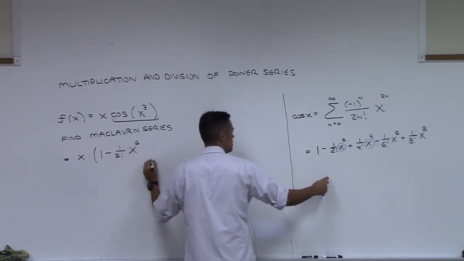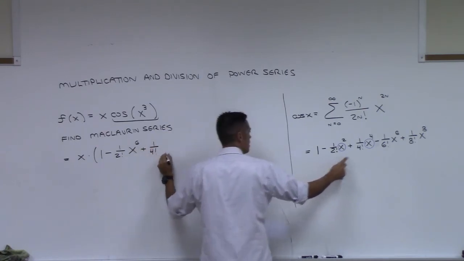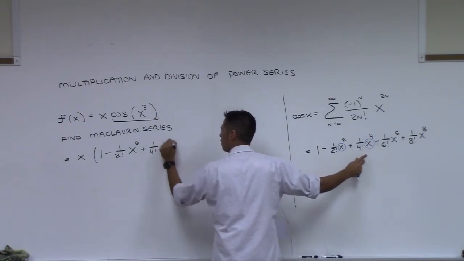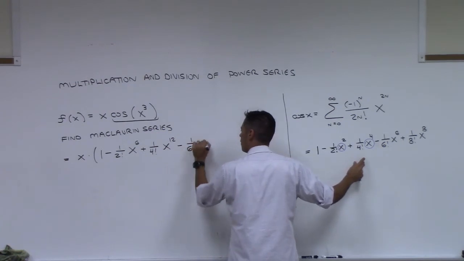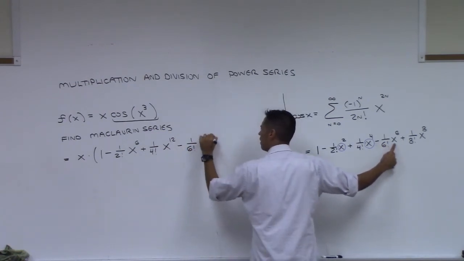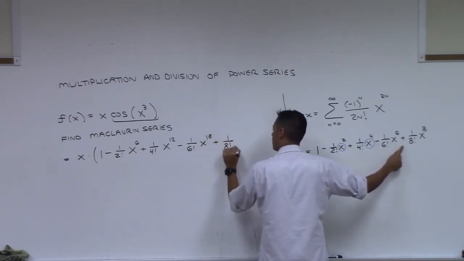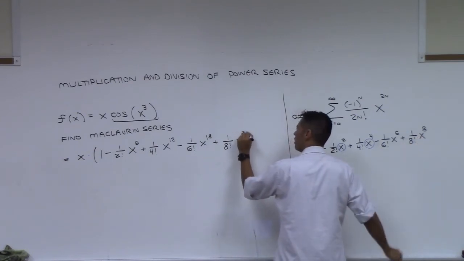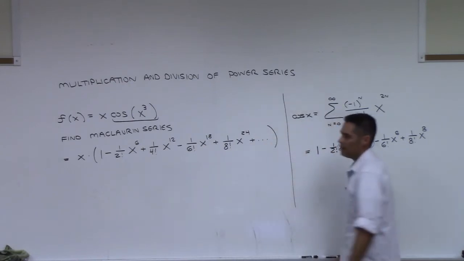We're going to multiply those exponents. Then plus 1 over 4 factorial x cubed to the 4th, so x to the 12th, and then minus 1 over 6 factorial x to the 18th, and then plus 1 over 8 factorial, plugging in x cubed, so x to the 24th, plus dot, dot, dot, close parentheses. That's what we have.